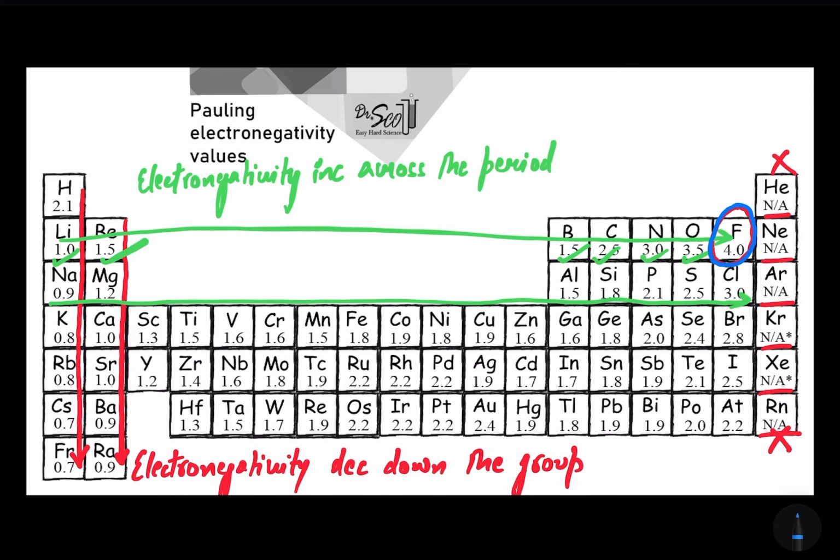Now on the other hand, when we are discussing groups, electronegativity decreases down the group, and across the period electronegativity increases. Fluorine is the most electronegative element with a maximum value of electronegativity, that is 4.0.